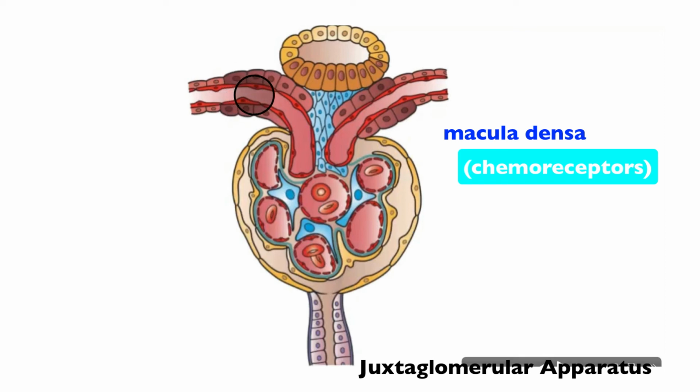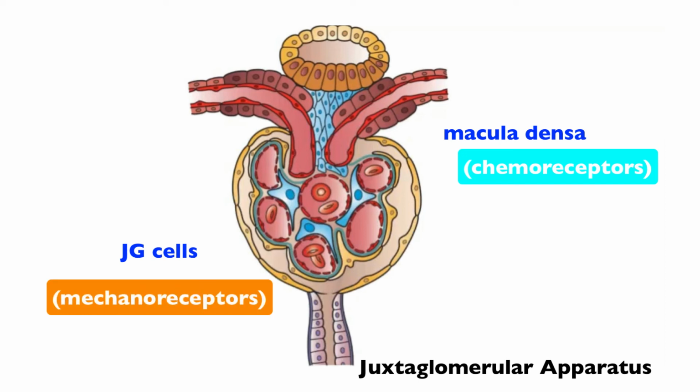This right here, being the afferent arteriole, is lined by specialized smooth muscle cells known as JG cells. These juxtaglomerular cells are mechanoreceptors. They are activated when there is a change in pressure in these blood vessels within the afferent or efferent arterioles. So the blood pressure is going to induce some vasomotion of these blood vessels by these specialized smooth muscle cells.